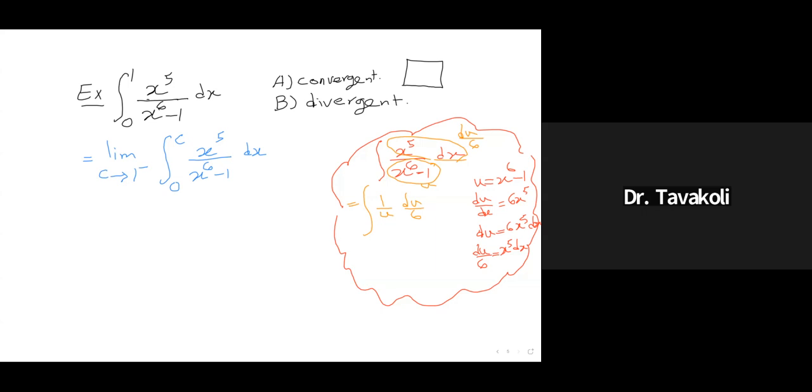The 1/6 is multiplied by the integral, so I can pull it out. The antiderivative of 1 over u is ln of u, or ln of absolute value of u, plus a constant.